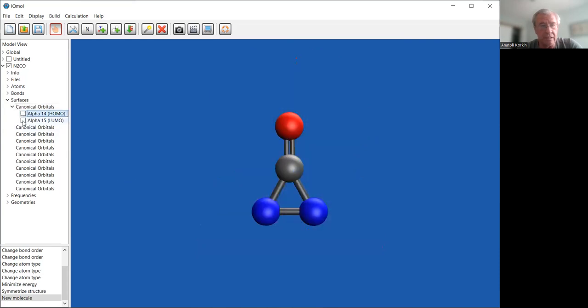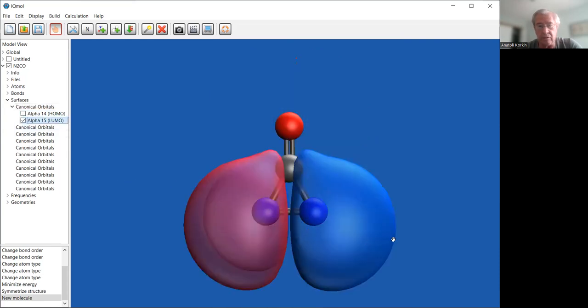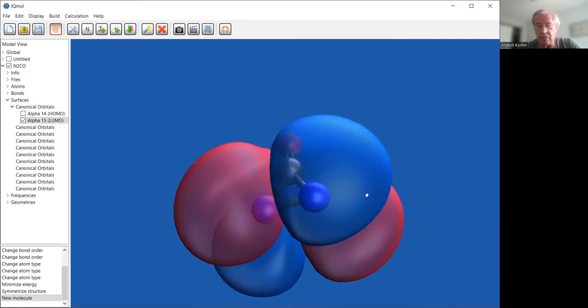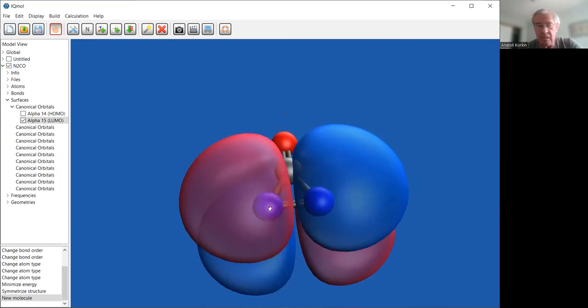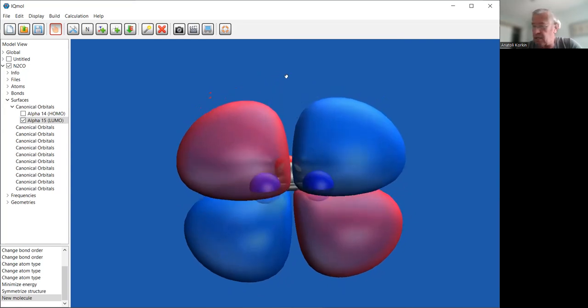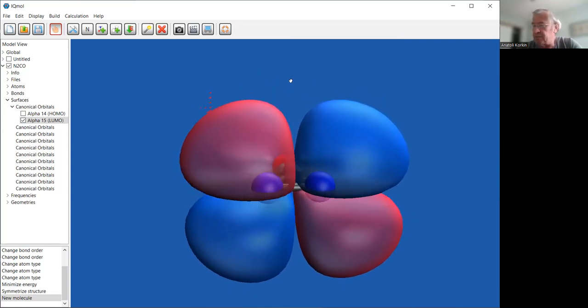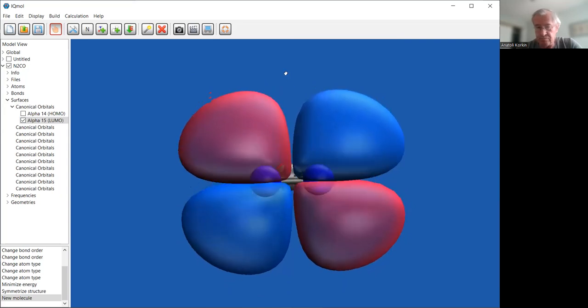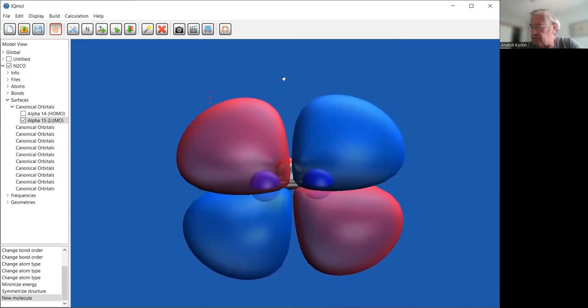Okay, now take a look at the lowest unoccupied orbital. It's a p-type orbital, which means it changes sign with regard to reflection in plane. So it would be either A2 or B2.